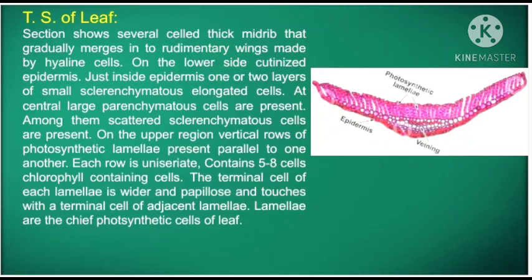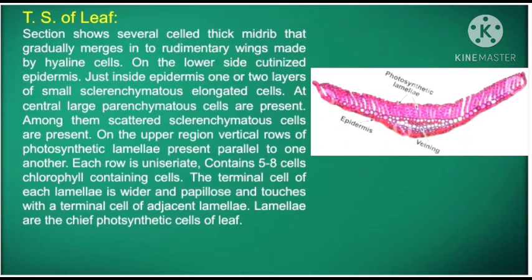The terminal cell of each lamella or row is somewhat wider and papillose, and touches the terminal cell of the adjacent lamella, forming a fragmentary upper epidermis of the leaf. The lamellae are the important cells in the leaf.